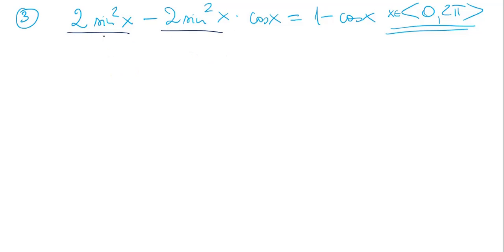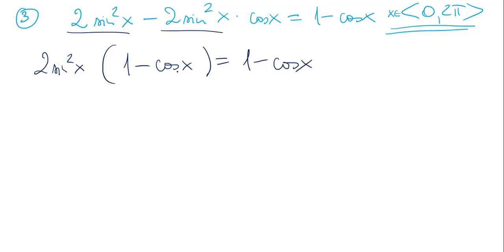So what we can do is take it in front of the brackets. So take a look here. We're going to get 1 minus cosine x equals 1 minus cosine x. So we got exactly the same expression on both sides.